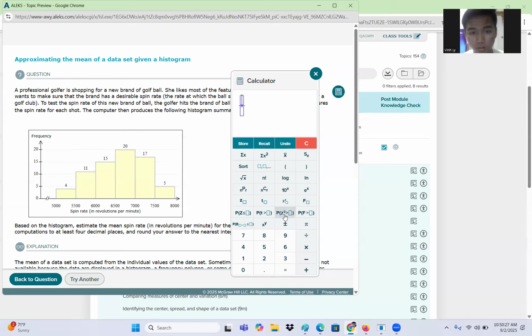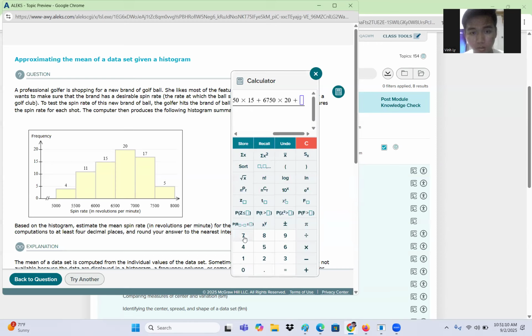So we can see the average between 5,000 and 5,500 is 5,250 times 4, plus the average between 5,500 and 6,000, which should be 5,750 times 11, plus the average between 6,000 and 6,500, 6,250 times 15, plus the midpoint between 6,500 and 7,000, which should be 6,750. If you can do the math quickly, you should not have any problem with this.